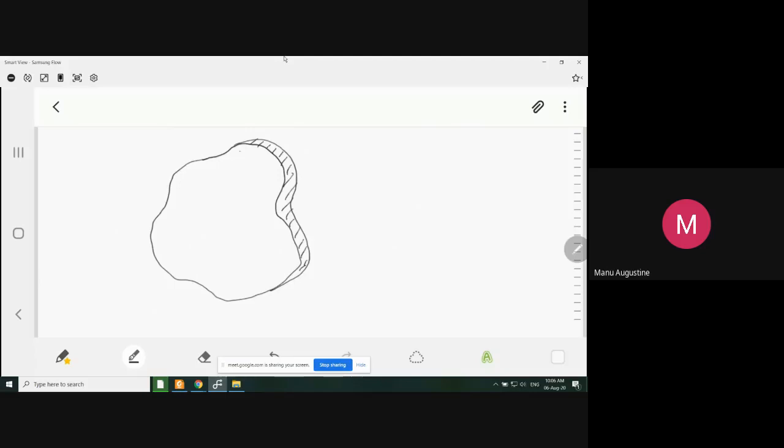You make a small hole in the object so that you can hang the object from a wall. Now you go to a wall. This is a wall. You put a nail in the wall like this. And then you bring your object and hang it by the nail.